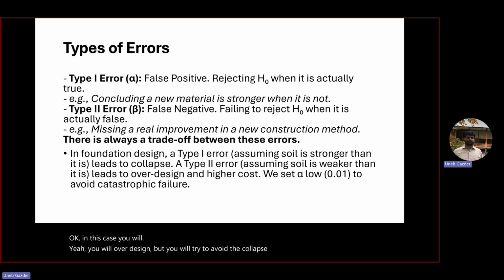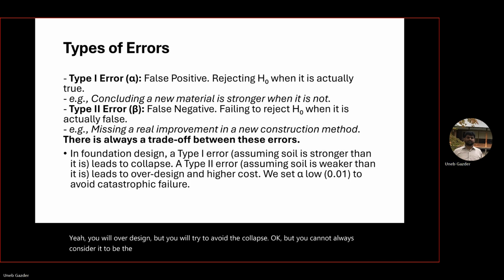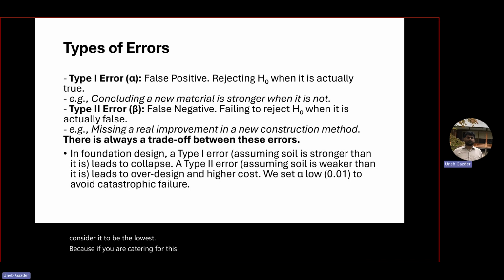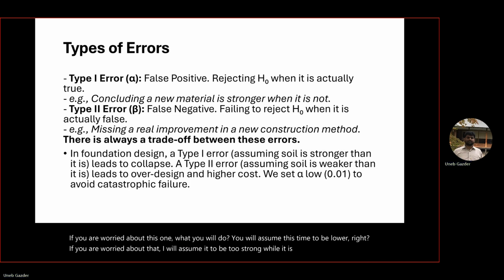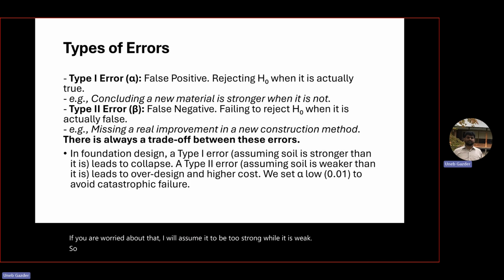But you cannot always consider it to be the lowest. Because if you are worried about this one, you will assume the strength to be lower. If you are worried about that, I will assume it to be too strong while it is weak. So you will assume it lower and lower and lower.